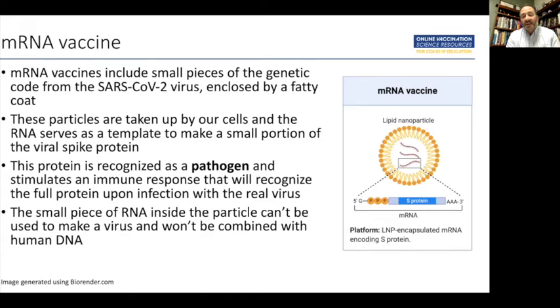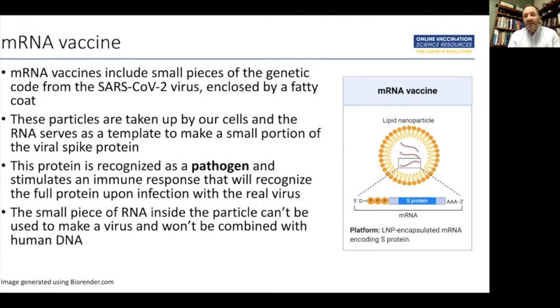And that is enough to stimulate the immune response, so much so that the immune system will then be able to recognize the full protein upon infection with the real virus. So if it says, this is what the spike protein looks like, make some antibodies, let's mount a response to this particular protein, then when the body recognizes that protein on the surface of an actual virus, it will know what to do.